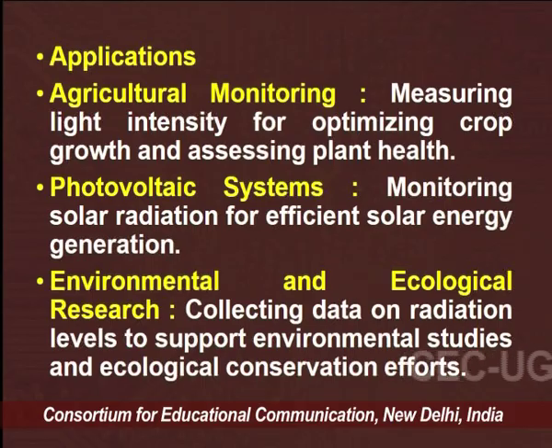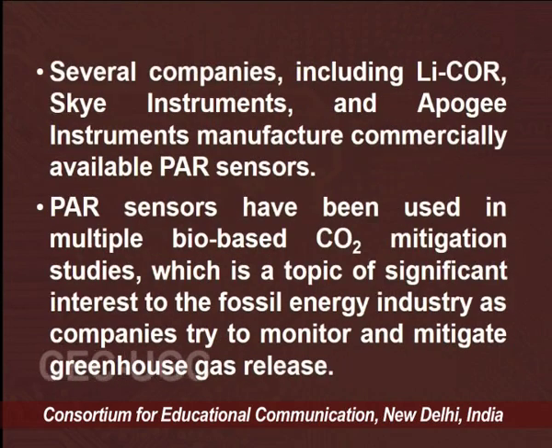Also, monitoring the solar radiation for efficient solar energy generation is done in photovoltaic systems. Another is collecting data on radiation levels to support environmental studies and ecological conservation efforts, which can be done through environmental and ecological research. So these are the various applications.